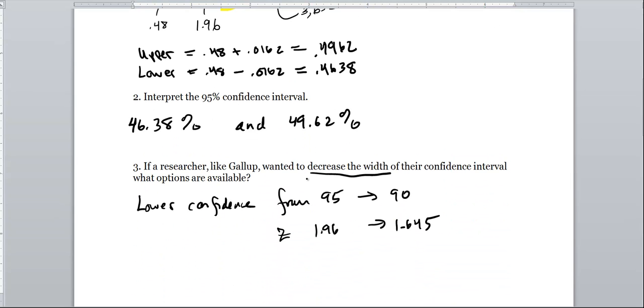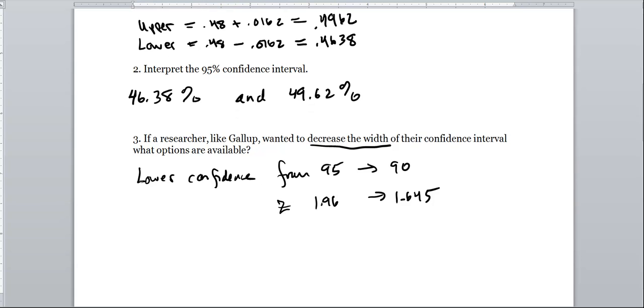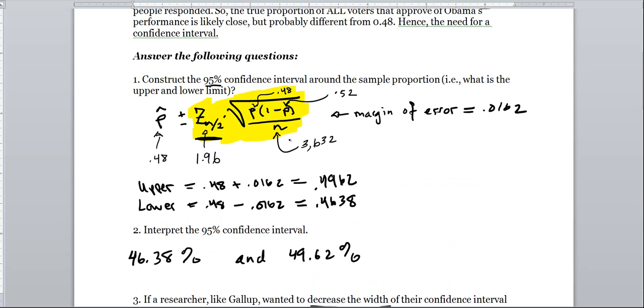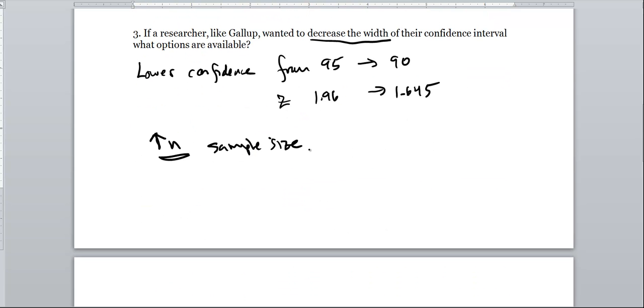And the real tool that we have as statisticians to decrease the width is to increase n, increase the sample size. More often than not, the remedy to any statistical problem is increasing sample size. As little n approaches capital N, your interval is going to get tighter and tighter around the truth, right? So this is what we prefer.